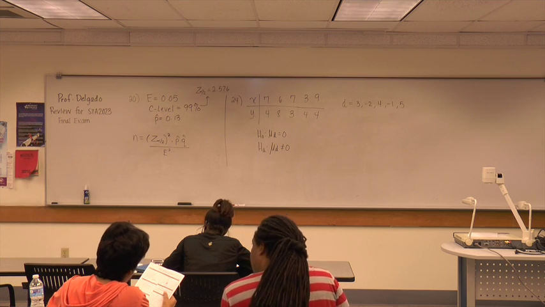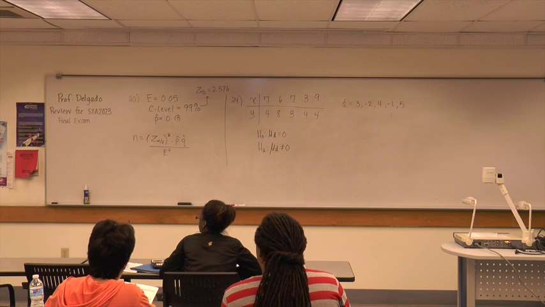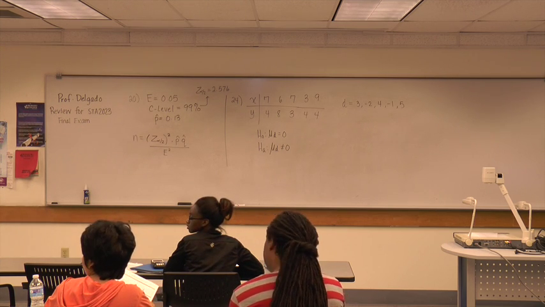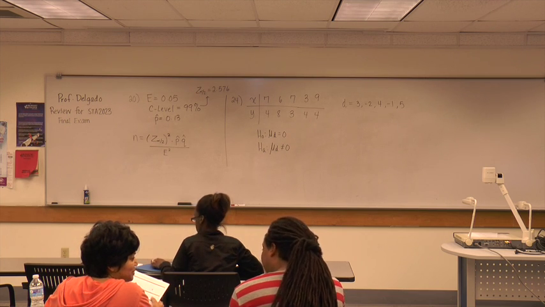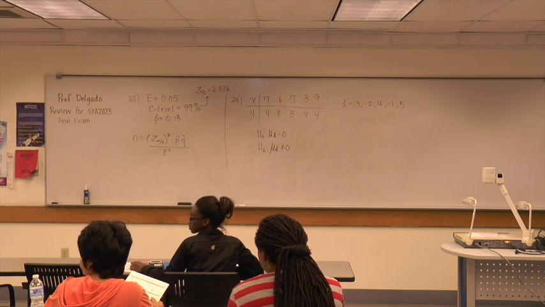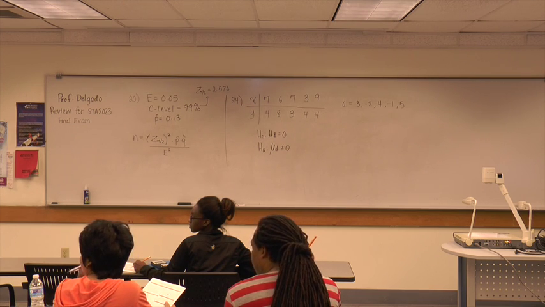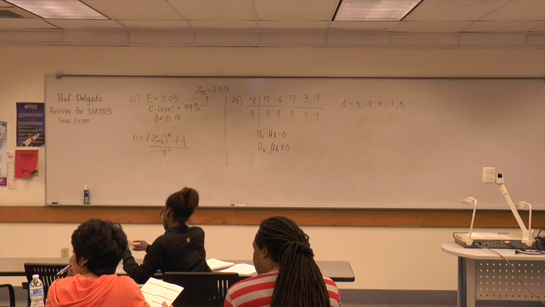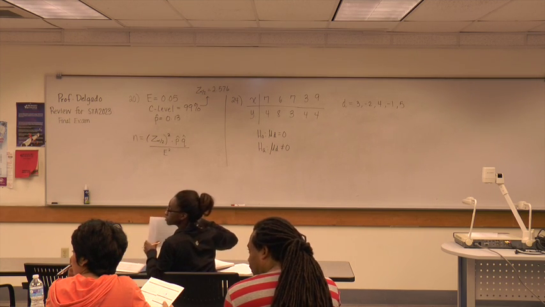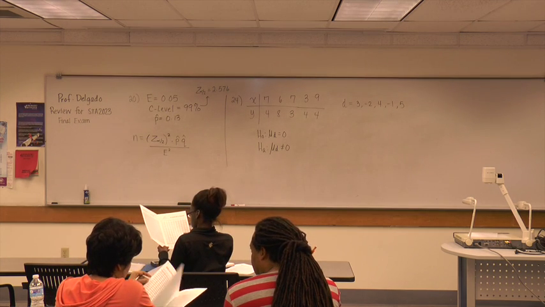How did you get 2.576? It comes from the confidence level, and do you have your formula sheets with you? I'll show you where it is. Look down. It's inverse norm, though. You can go to inverse norm as well, but for 90, 95, and 99%, your critical values are in the positive z-score table on the bottom right.